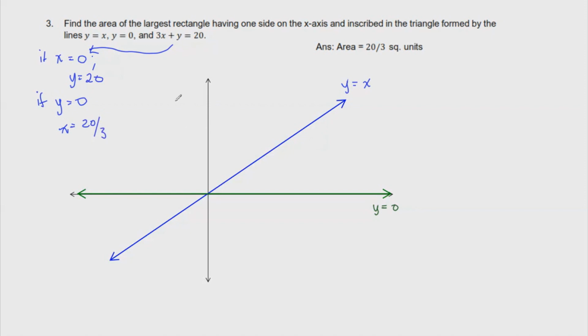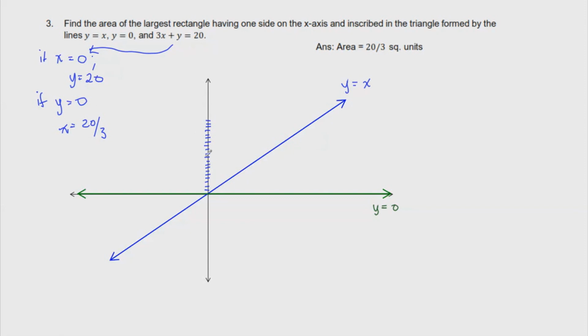20 is quite a large number, so let's use very short intervals for this. So 1, 2, 3, 4, and so on up to 16. Okay, that's 20.